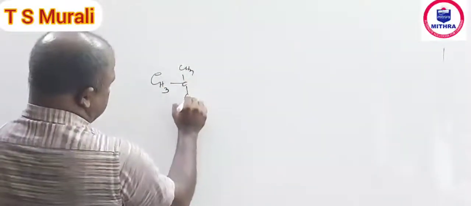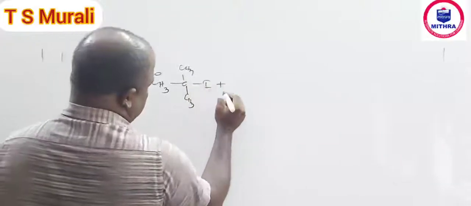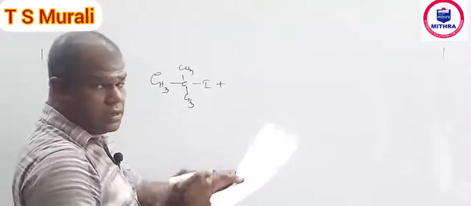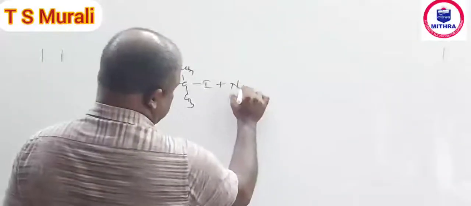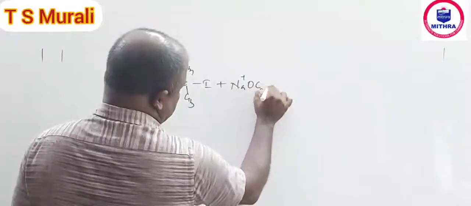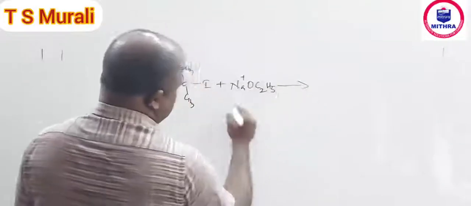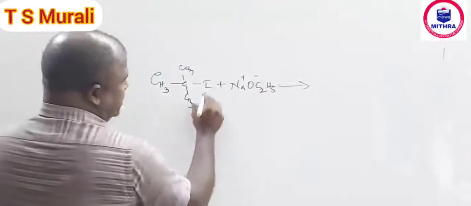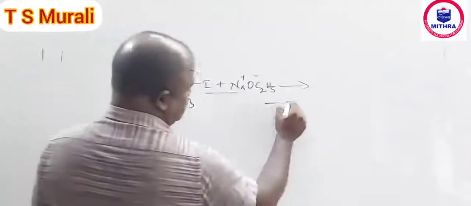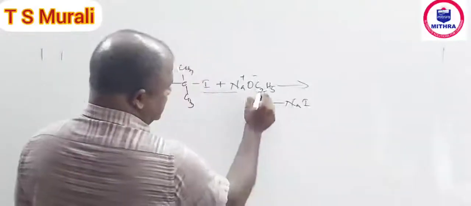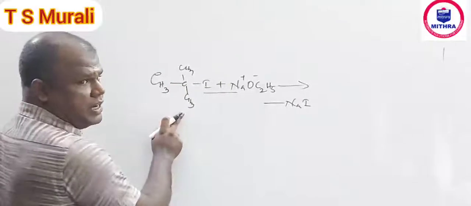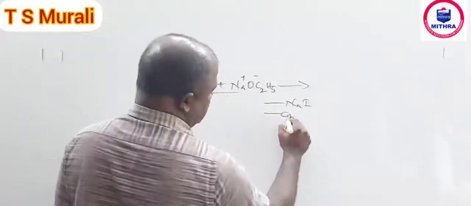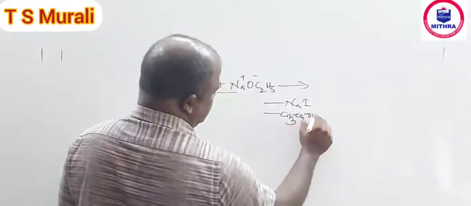CH3, C, CH3, CH3, I. This is tertiary butyl iodide. Halogen connected to tertiary carbon reacts with sodium ethoxide, Na+ OC2H5-. Agree? See, this NaI detaches, and this C2H5O joins with any of the hydrogens from the beta position, so you are getting C2H5OH also.